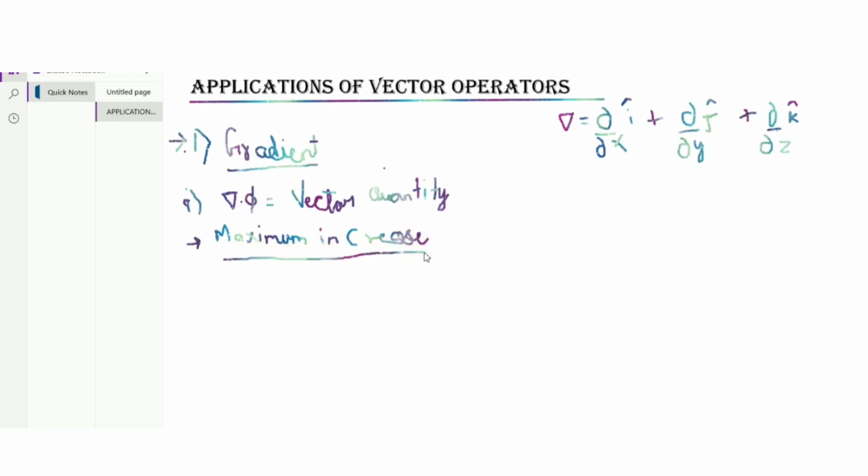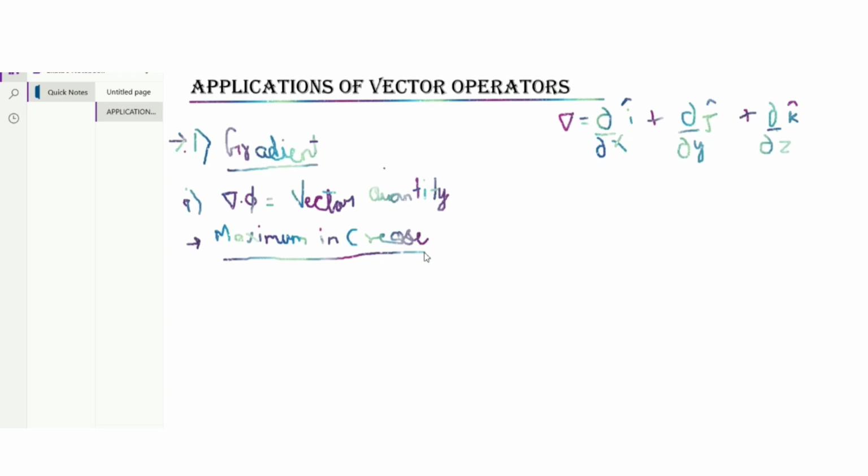So the direction of this vector quantity, obtained by taking the gradient of the scalar function, is in the maximum increase of that scalar function. So when we apply this operator to a scalar function, we get a vector quantity, and its direction is in the maximum increase of that scalar function.